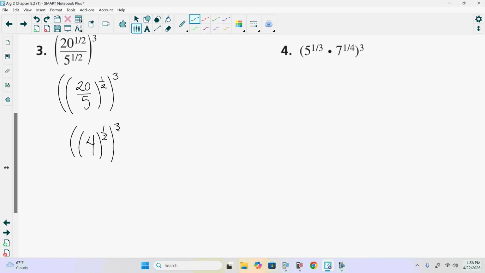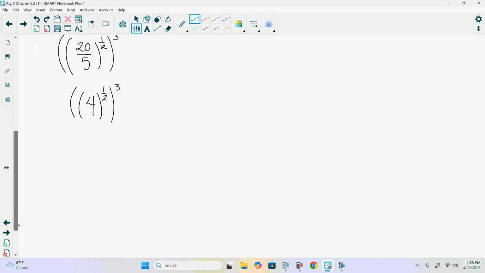Interestingly enough, we've got 4 to the 1/2. That simplifies. Because 1/2 power says square root.